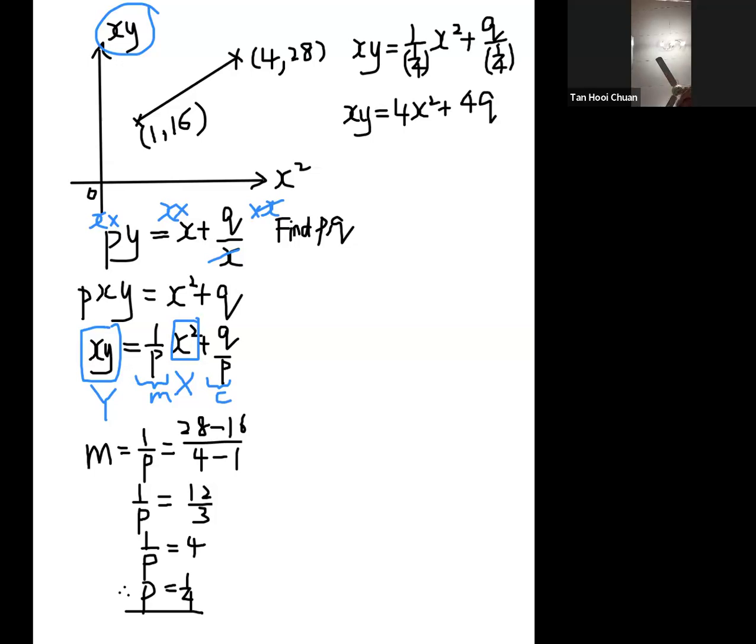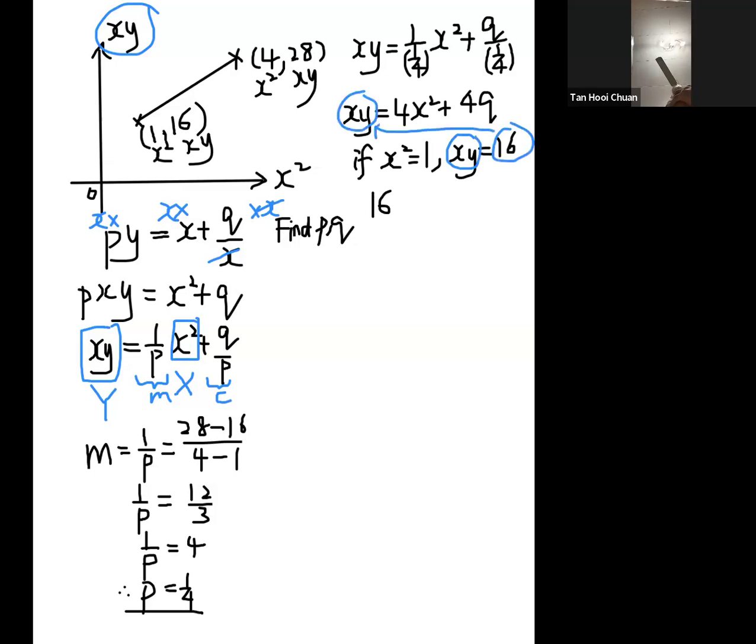So now what you should do is, this is x squared, this is xy, so you just sub one of them. Let's say sub x squared equal to 1, xy equal to 16. So xy, the whole thing becomes 16. And then x squared is 1.